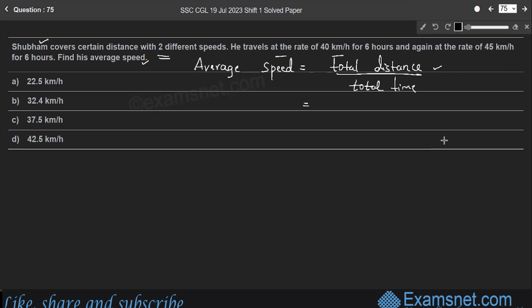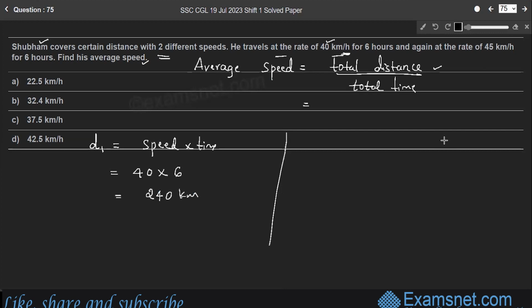In the first case, he is traveling with the speed of 40 km per hour for 6 hours. We know that speed is distance by time. Here we need a distance, right? So distance traveled by him in two different cases. Since speed is distance by time, distance traveled is speed into time. He was traveling with the speed of 40 km per hour and he traveled for 6 hours. Therefore, distance covered by him is 240 km.